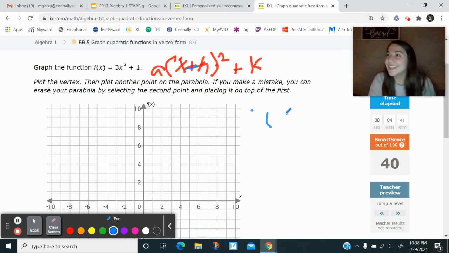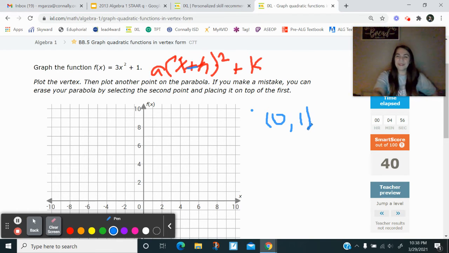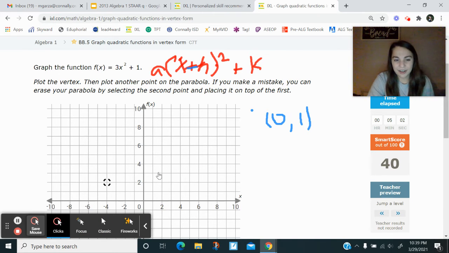Okay, H is 0, which means x is 0. And y is 1. So that is the vertex on our graph. So I'm going to go to 0, 1 and plot a point.